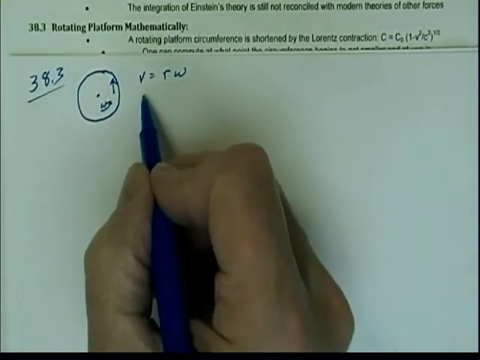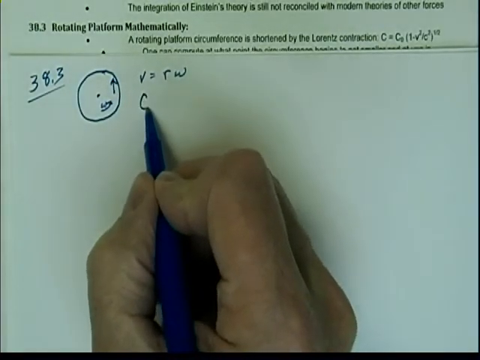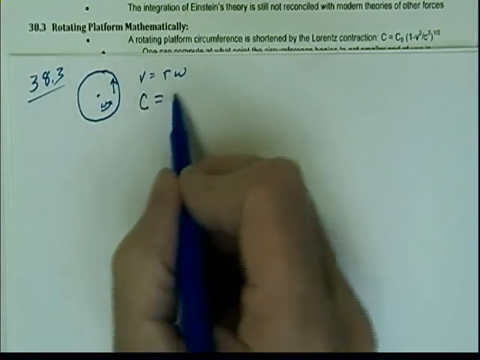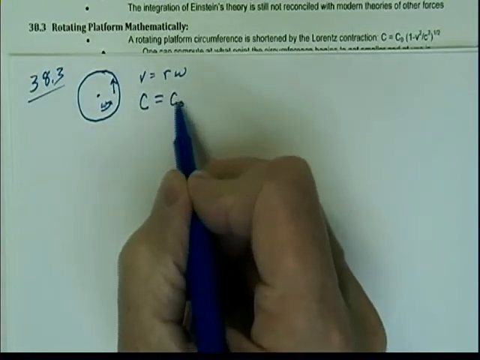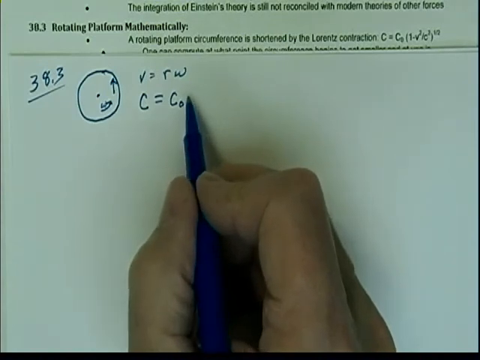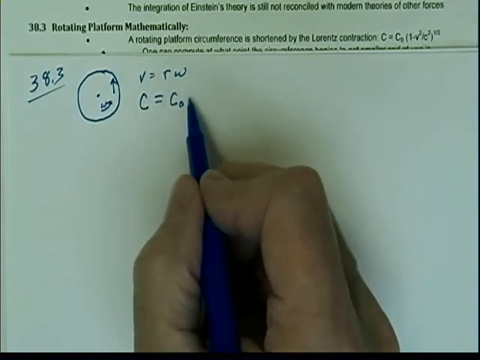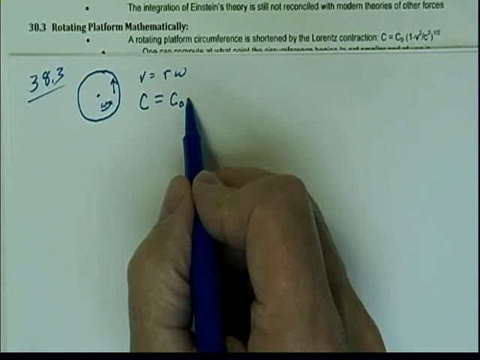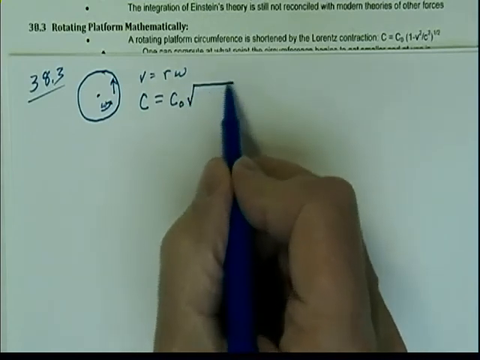At some point out here, we can ask, what is the circumference? Well, the circumference is what we normally think of as the circumference, measured all the way around, but it's going to be shortened by the effect of something moving that we learned in special relativity called the Lorentz contraction.